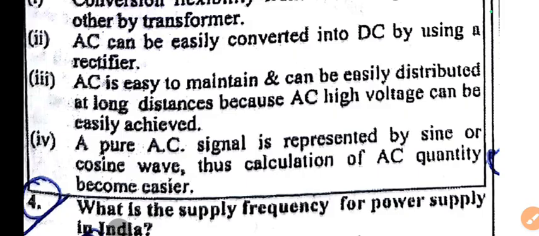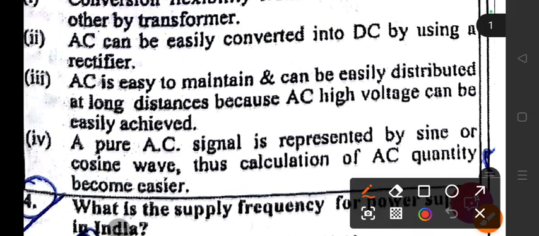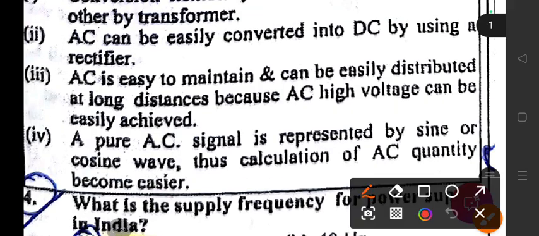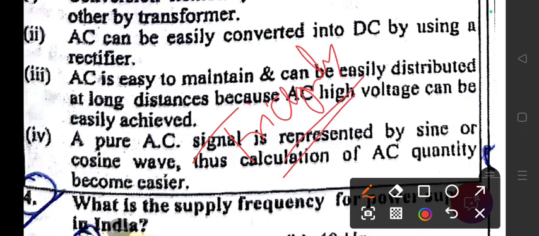AC signals are sinusoidal quantities, you know that. I can easily find the RMS value, form factor and peak factor. Then there are non-sinusoidal quantities, like the triangular waveform, half wave, full wave, and square waveform.